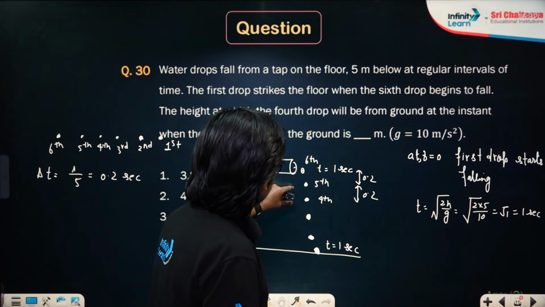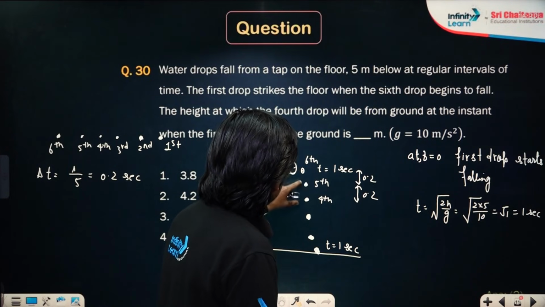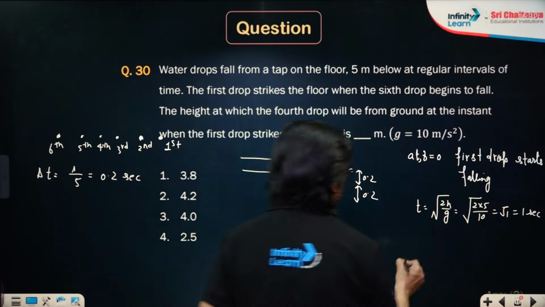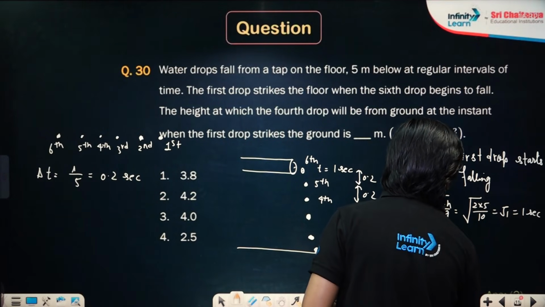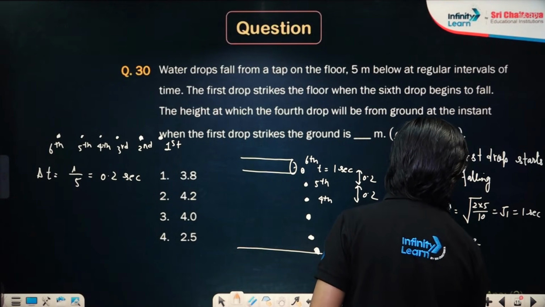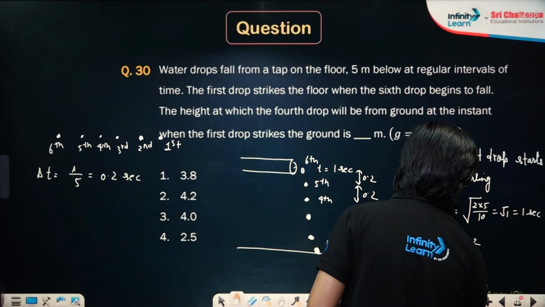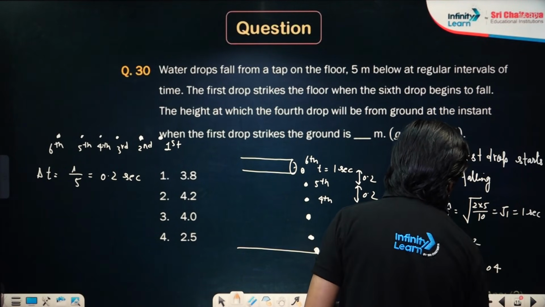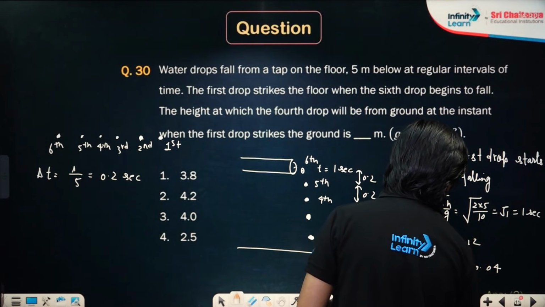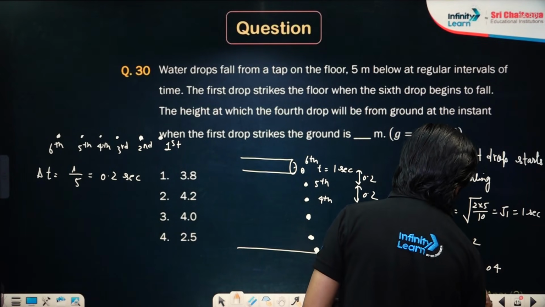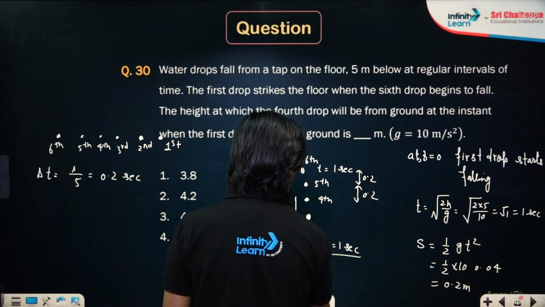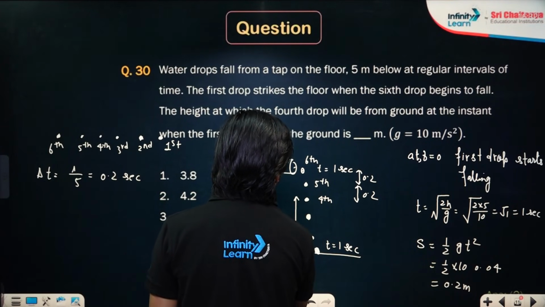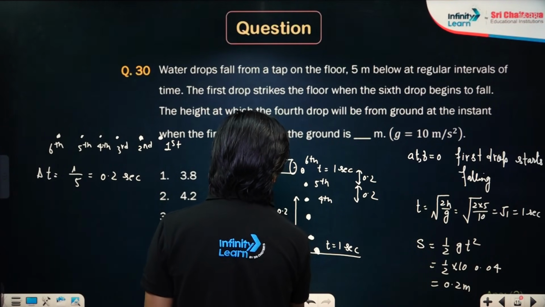In this time gap, how much displacement in the downward direction has the fourth one taken? That displacement is 1 by 2 into g into t square, that is 1 by 2 into 10 into t square, which is 0.04. So 5 into 0.04, that is 0.2 meter. Now the height from the ground is 5.0 minus 0.2, which is 4.8.